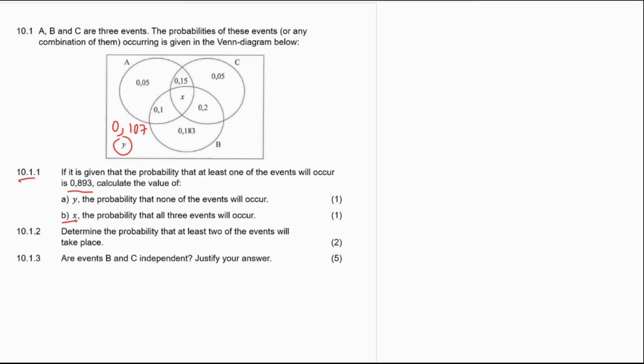So if we want the value of X, it means that if we add all these, we'll get 0,893.